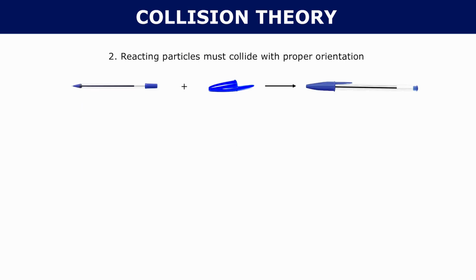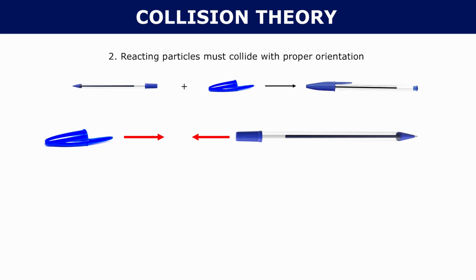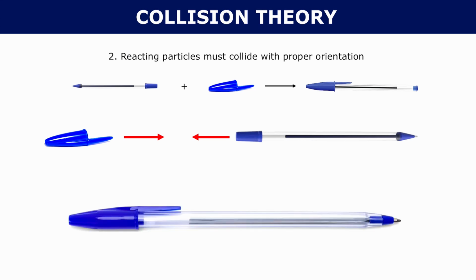The second postulate is that reacting particles must collide with proper orientation. So take the same reaction where a pen without a cap and a cap are reacting to form the capped pen. In this case, you have the pen cap and the pen colliding, but you'll notice that the pen is oriented the wrong way. When the particles collide, you get a capped pen, but it's capped the wrong way.